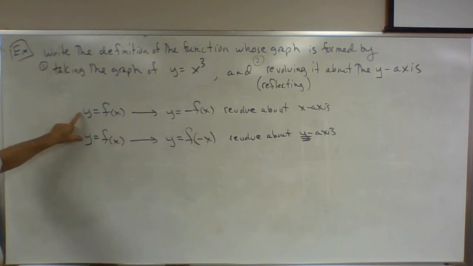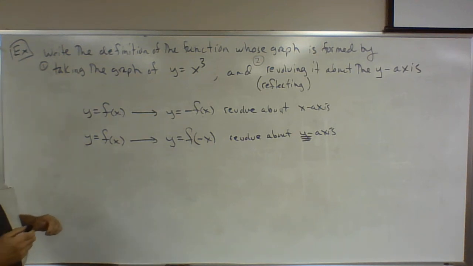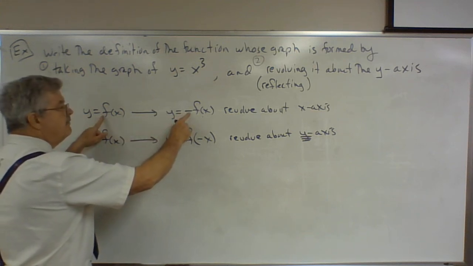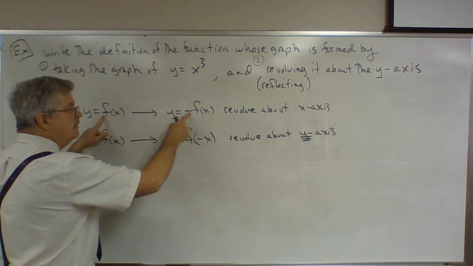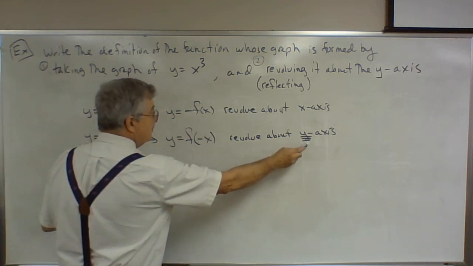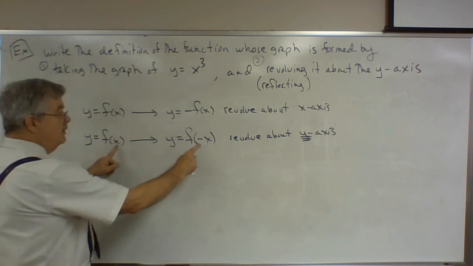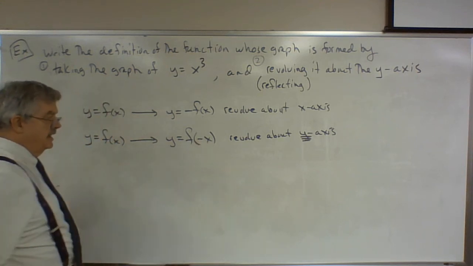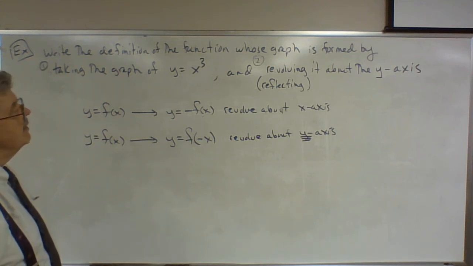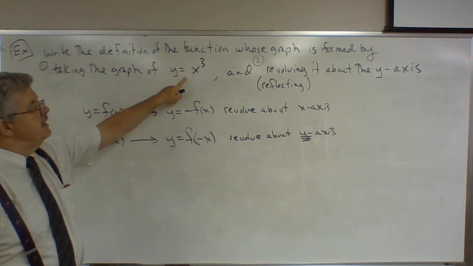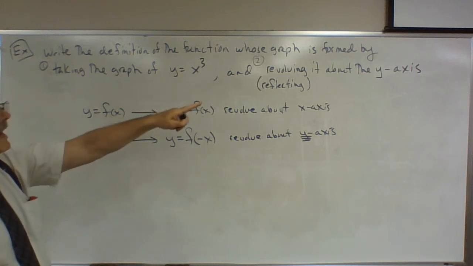Note the distinction between these two things. To revolve it about the x-axis, we take the entire function and multiply it by -1. To revolve about the y-axis, we take x inside the function and multiply it by -1. And we're going to revolve this baby about the y-axis.